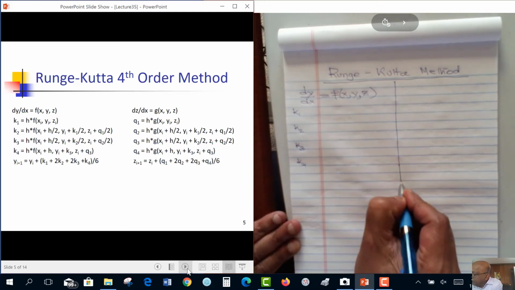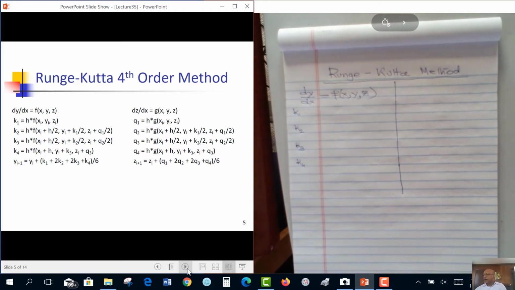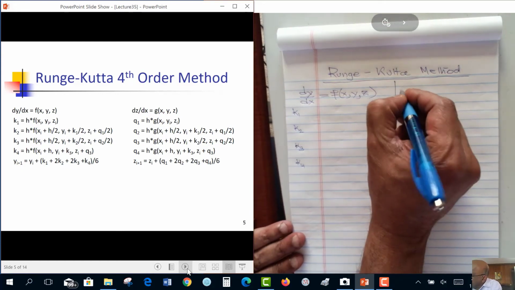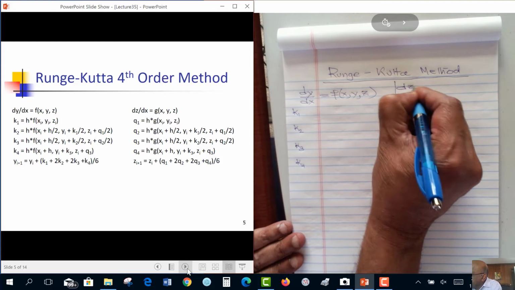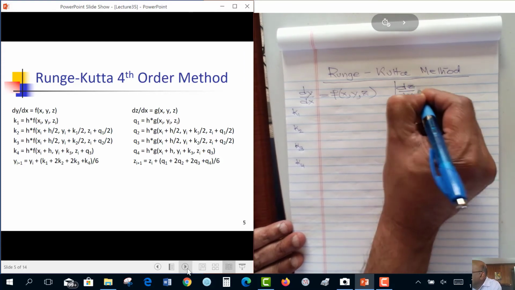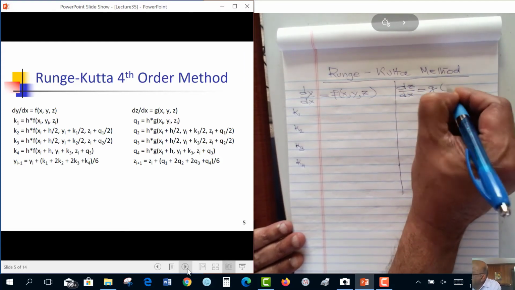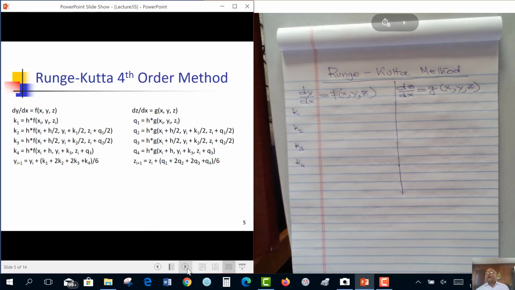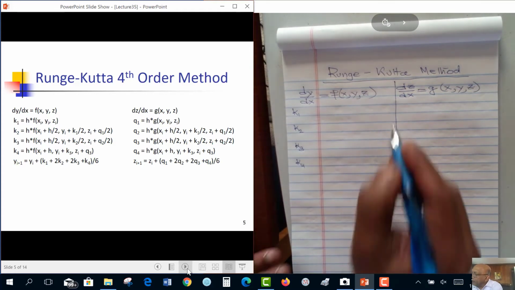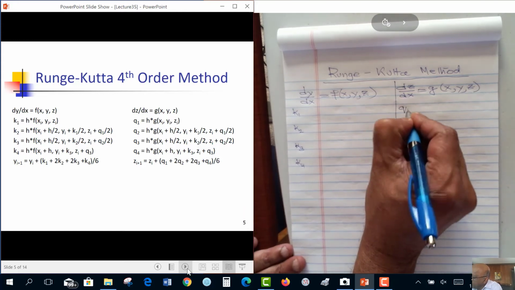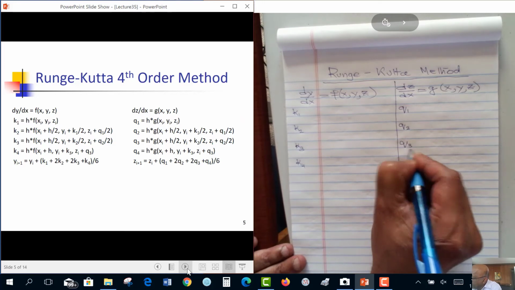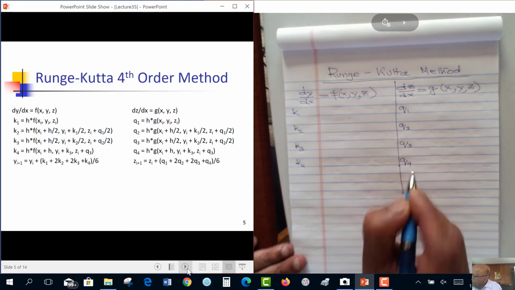And then we did a weighted average of these 4 estimates. So for the other equation dz/dx, which is some other function g of x, y, z, we'll do the same thing. We'll make 4 estimates, but give them different names, q1, q2, q3, and q4.